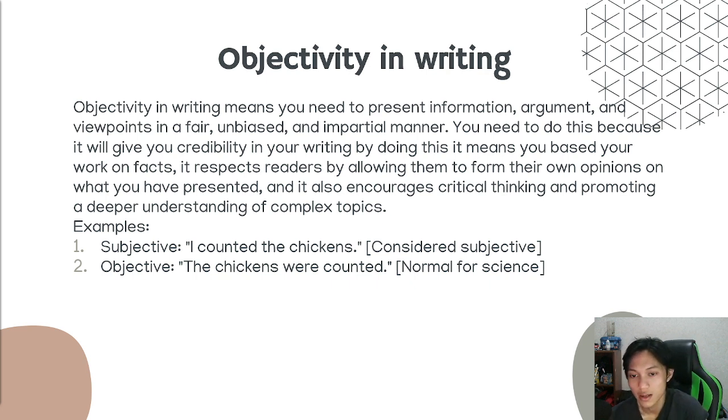It also encourages critical thinking and promotes a deeper understanding of complex topics. For example, here there's a subjective one: I counted the chickens, because there's a subject here. And then the objective one: the chickens were counted.